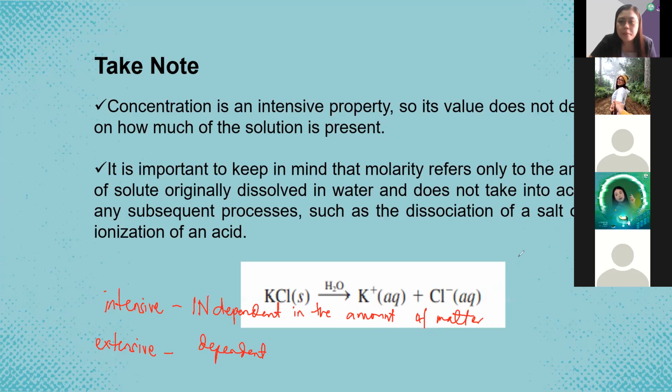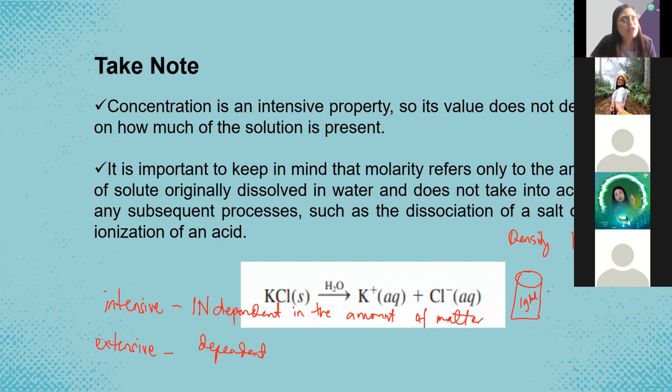Like my example, class, the density of water. The density of water is 1 gram per mL. One gram of water is equivalent to 1 mL. That is what you call density. In my illustration last time, if you have 1 glass of water, the density is 1 gram per mL.